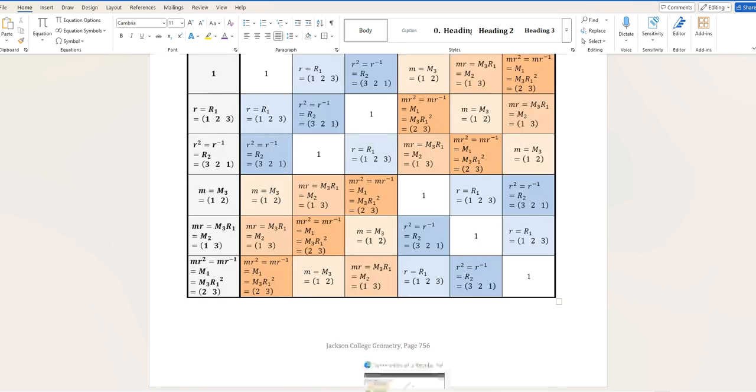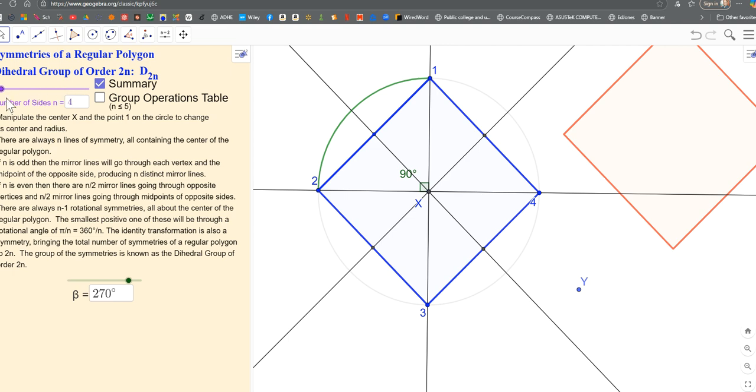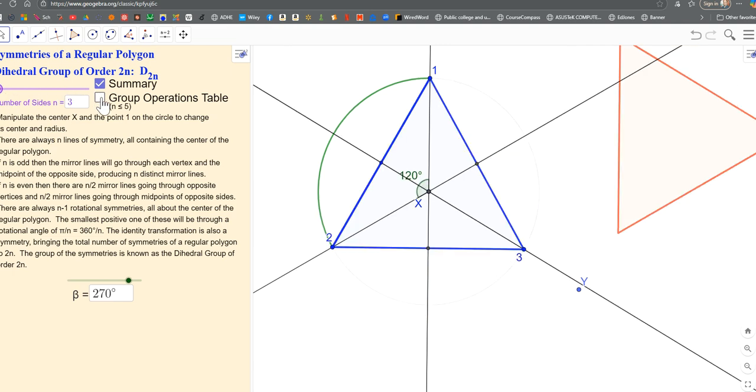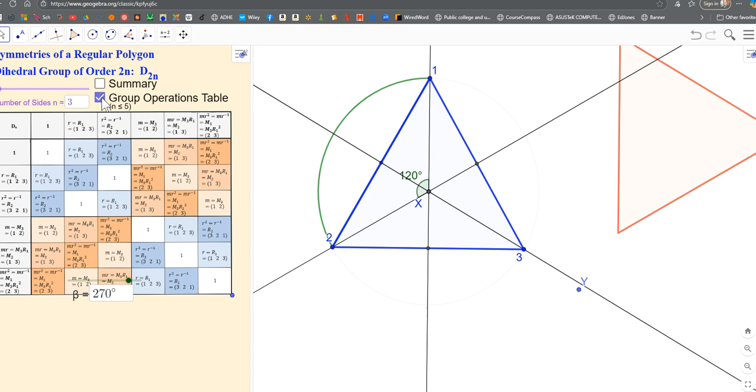In fact, I believe you can actually go to this here, and if I do, there's the operation table.